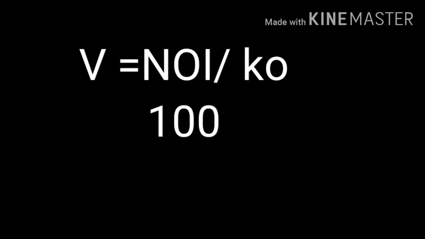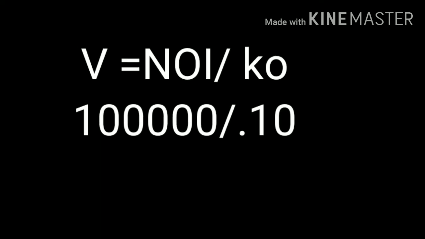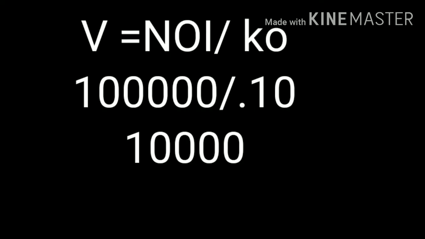Then second part of the question. If debt capital is increased from 5 lakh to 7 lakh, what will be the effect on value of firm and KE? Formula for calculating value of firm is net operating income divided by KO. So net operating income is 1 lakh and KO is 10%. So 1 lakh divided by 10%, 10 lakh. Then calculation of KE.